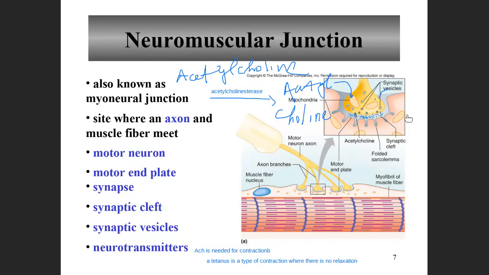Now, one of the most important things that I think you need to appreciate is that when our mind decides to cause the skeletal muscle to contract, we can generate different types of contraction. What I mean by that is that I can cause the muscle in my finger to contract just slightly to hold up this Tylenol.